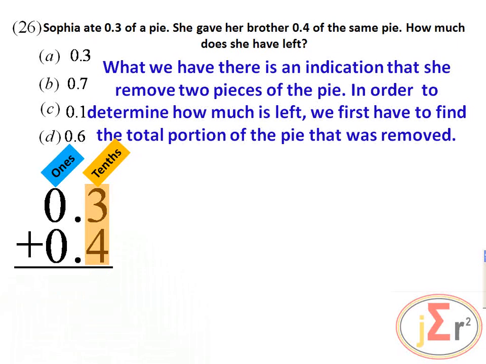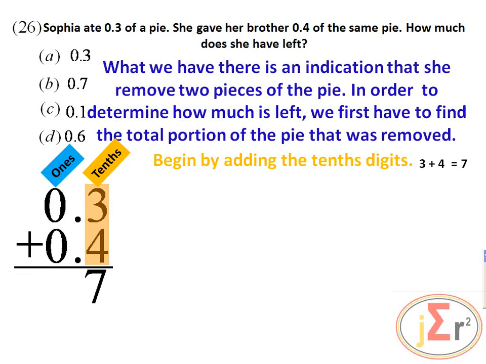Right, so we'll begin by adding the tenths digit. And Jerry says 3 plus 4 equals 7. So in the tenths digit we will have 7.